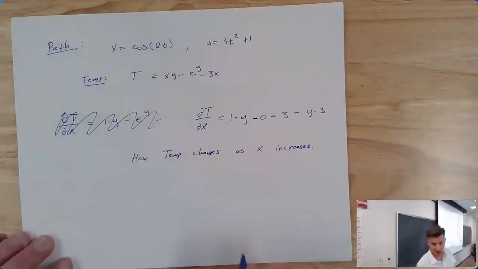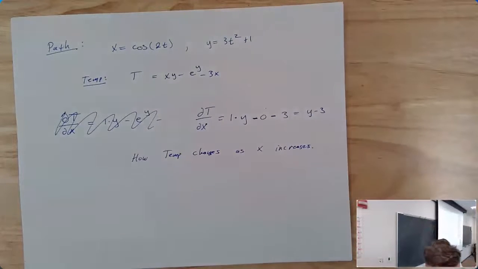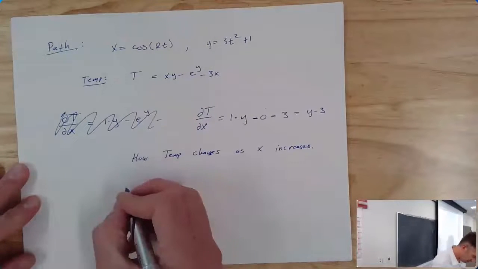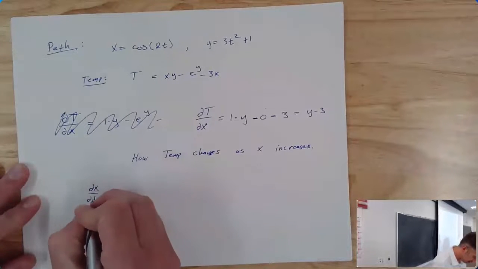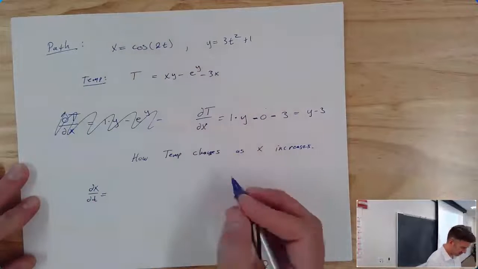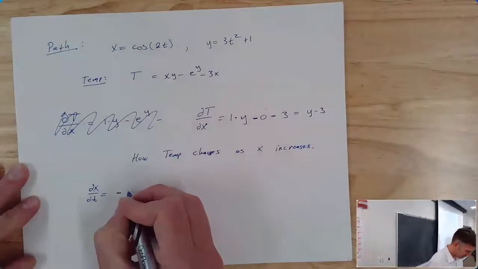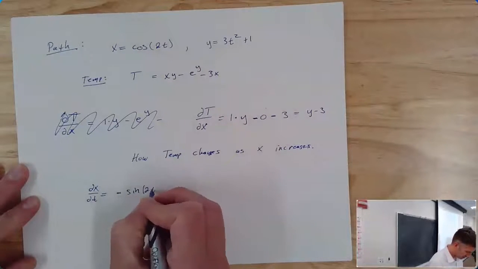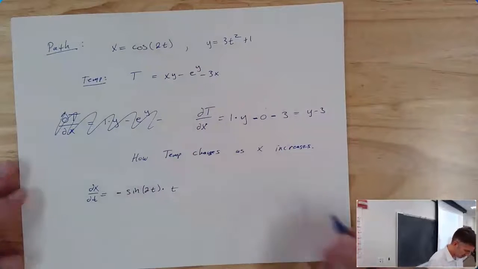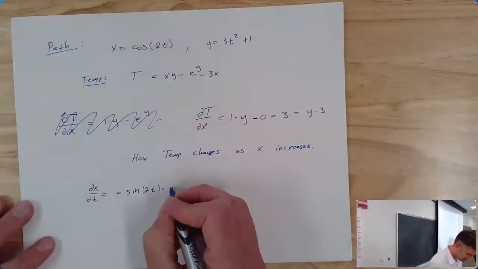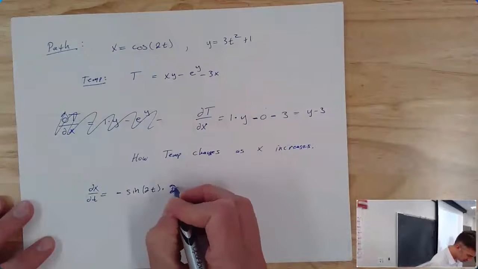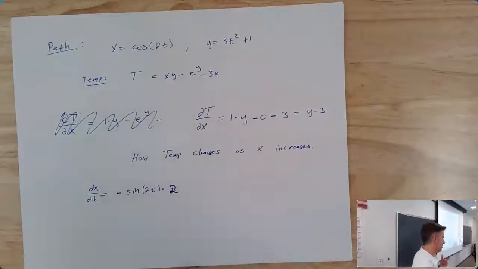All right, so let's look at the other one, which is dx dt. That's going to be the derivative of cosine of 2t, which is negative sine of 2t times 2. Problem with t and 2 is they sound the same in your head.